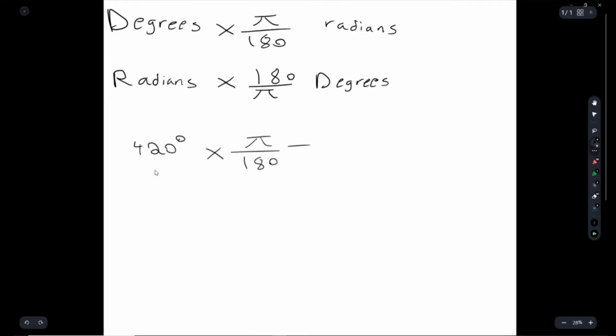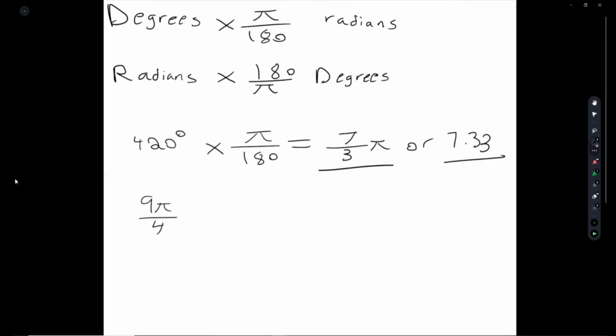So it's 7 over 3 pi, or 7.33, depending on what they ask you in the question. If they ask for the answer in pi, you choose this one. If they ask for degrees, they use this one.